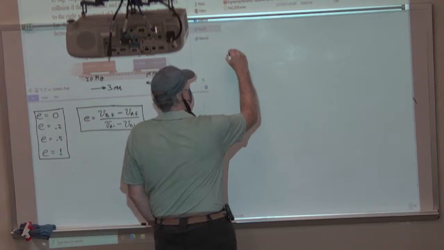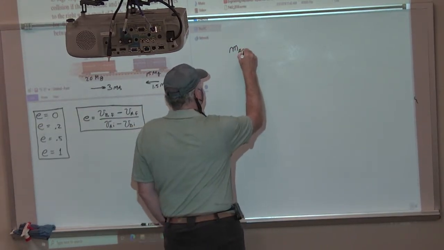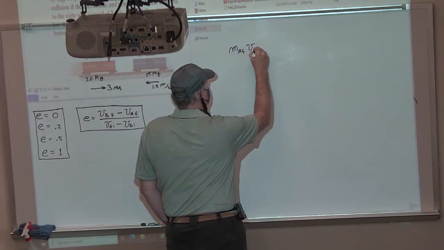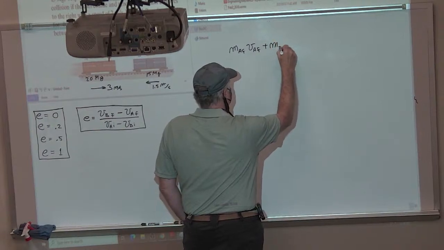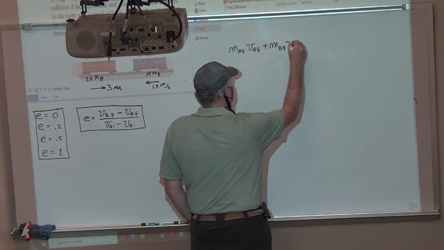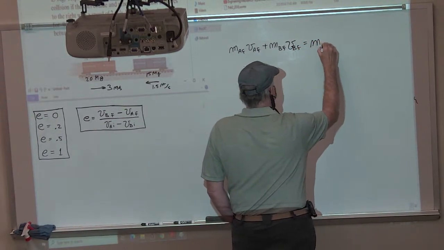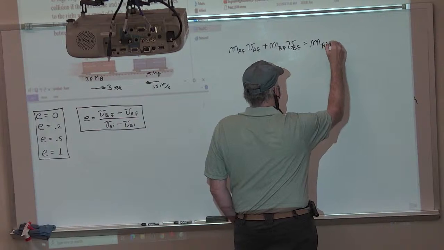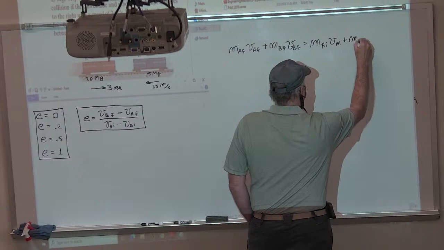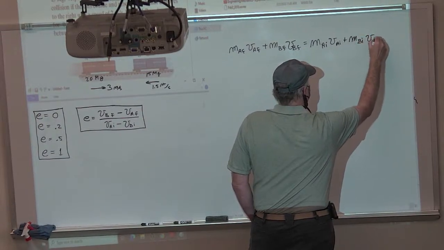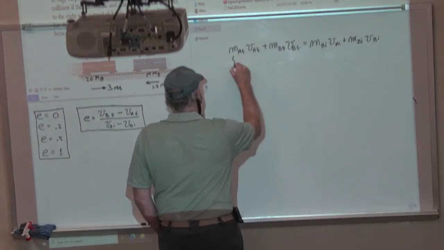So what we have, and these are listed as A and B: M_A final V_A final plus M_B final V_B final is equal to M_A initial V_A initial plus M_B initial V_B initial.